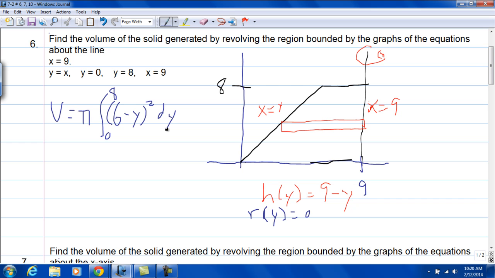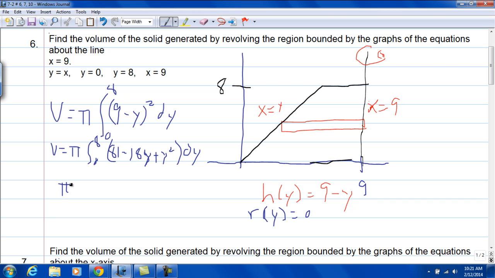Sorry, not 6, 9 minus y squared dy. So the volume is going to be pi times the integral from 0 to 8. That's 81 minus 18y plus y squared dy.